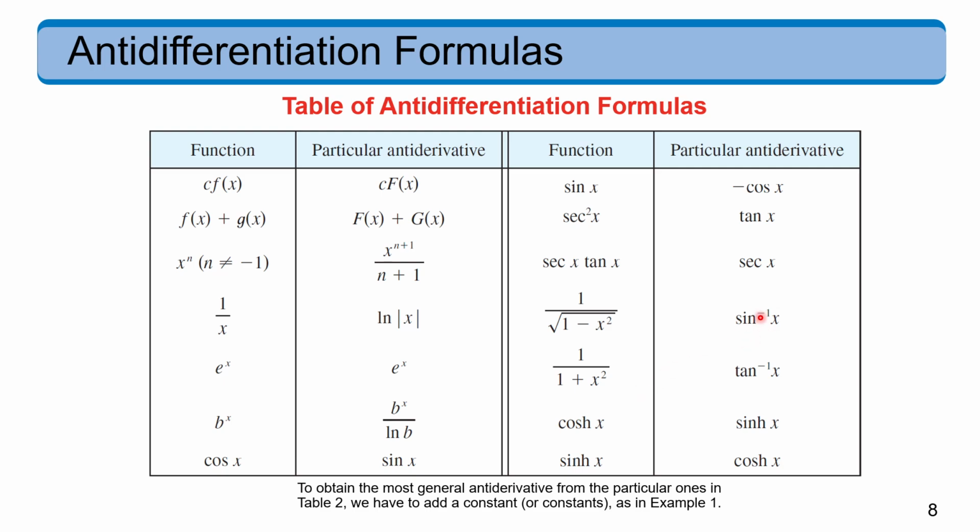We learned the derivative of inverse sine is 1 over the square root of 1 minus x squared, so we've reversed that in terms of antiderivatives. We learned the derivative of inverse tangent is this, we've reversed that. We learned the derivative of hyperbolic sine is hyperbolic cosine, and the derivative of hyperbolic cosine is hyperbolic sine.